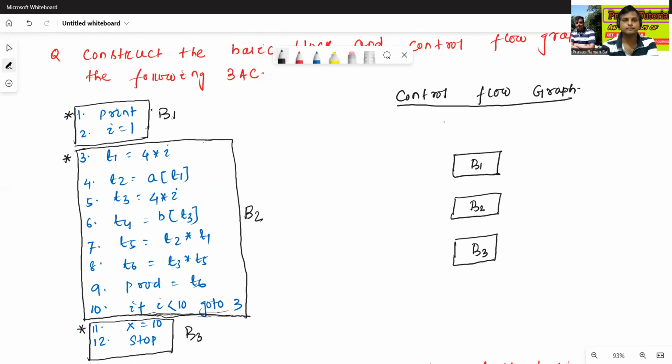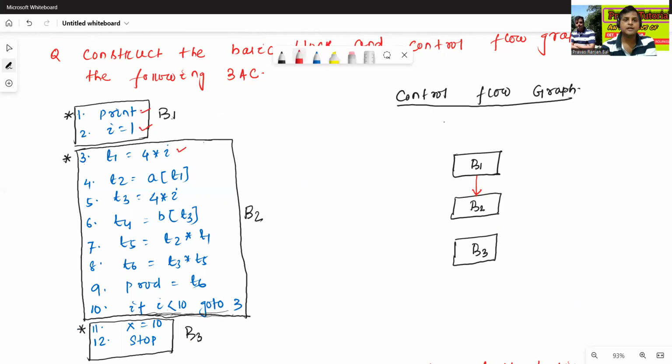How to execute? See, first we'll execute line number 1, then line number 2, then what? Line number 3. That means we can directly flow from B1 to B2. So we will just draw one edge from B1 to B2.